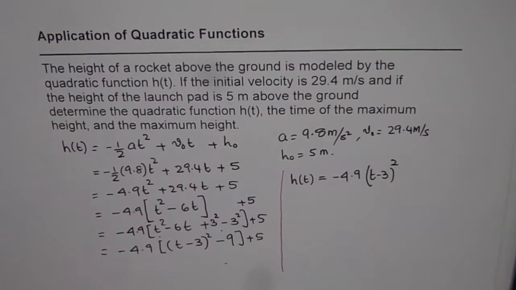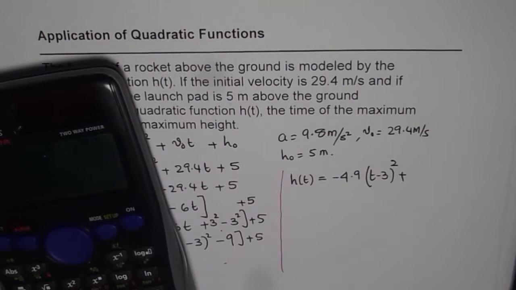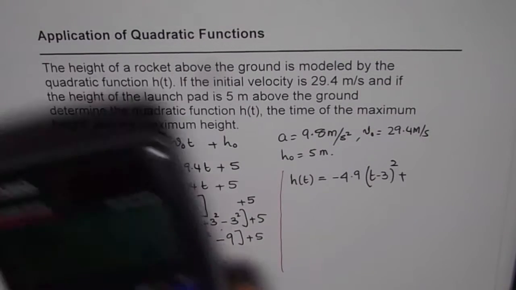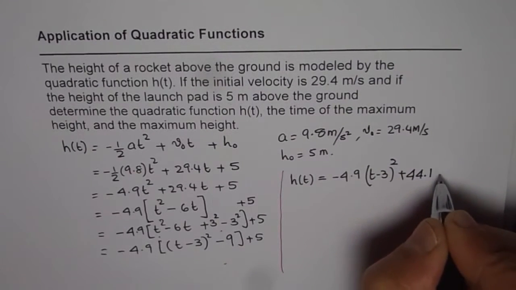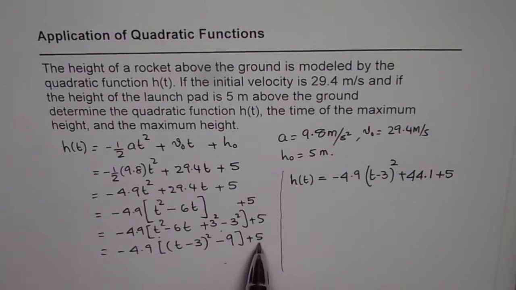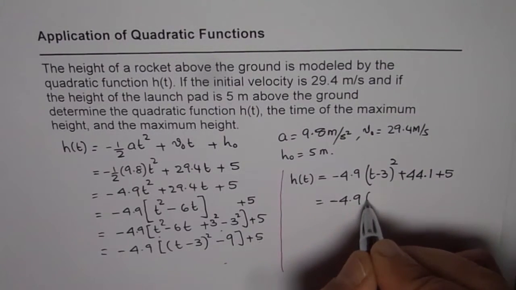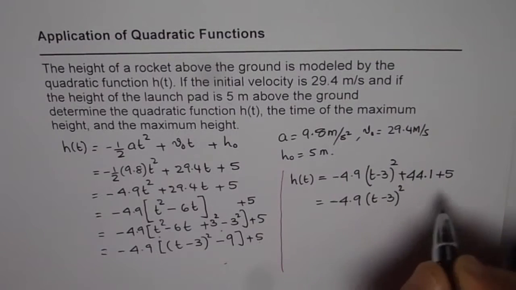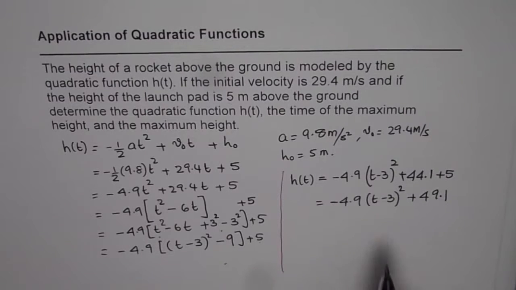And now we'll multiply minus 4.9 by 9, which will give us plus 9 times 4.9, which, let me write in decimal itself, is 44.1. Plus 5, correct? There's this 5 here. Minus minus became positive. Now this could be written as minus 4.9 t minus 3 whole square, adding 5 to it, we get 49.1. Now that is the vertex form.